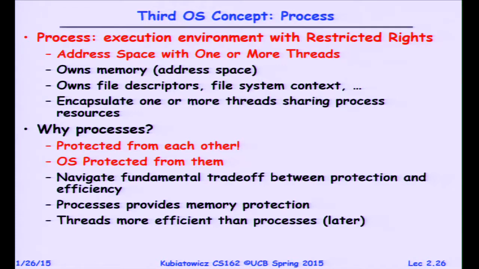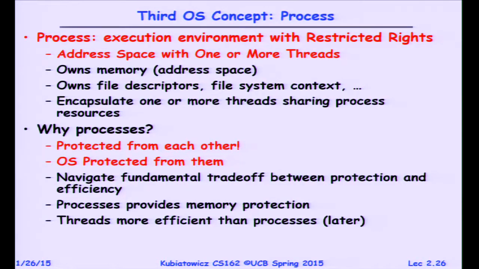Now notice, by the way, I did slide something in here, which is subtle, but I wanted to point it out. I said that a process is an address space with one or more threads in it. So we're actually allowing there to be multiple threads in a given address space.